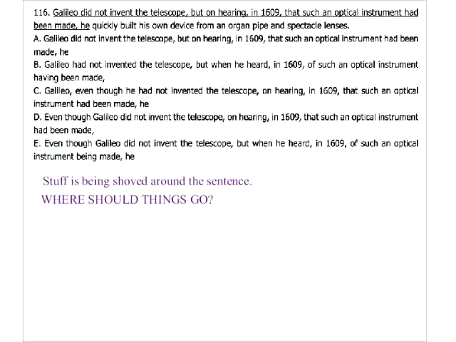So one modifier that's here is on hearing or when he heard or etc. What does this modify?